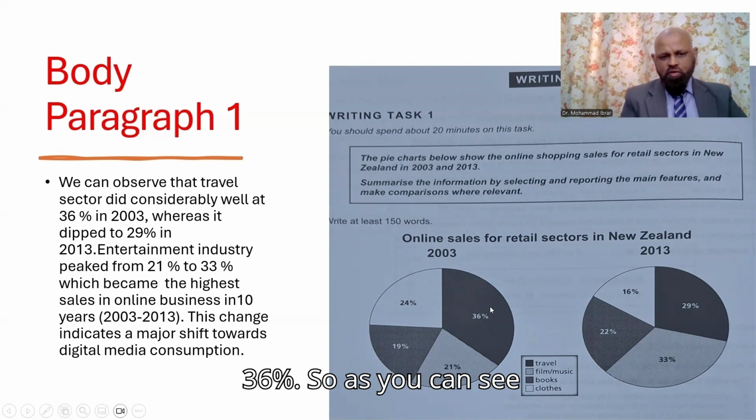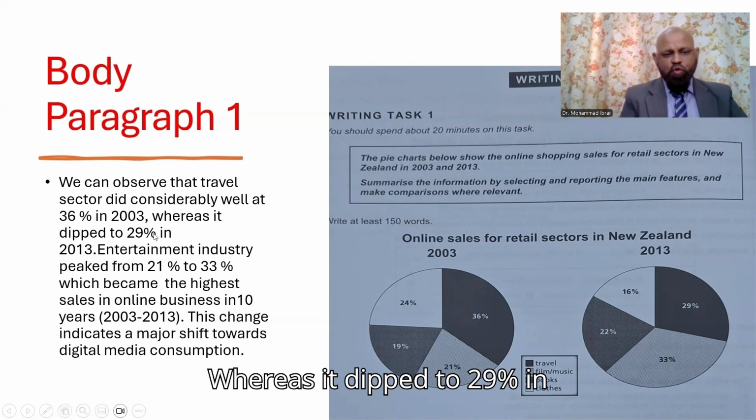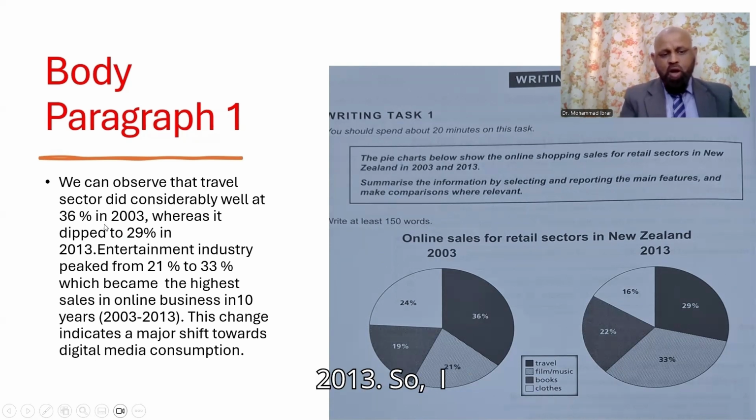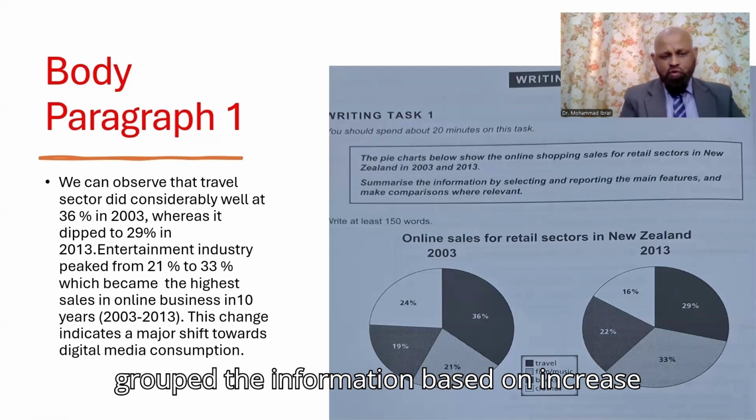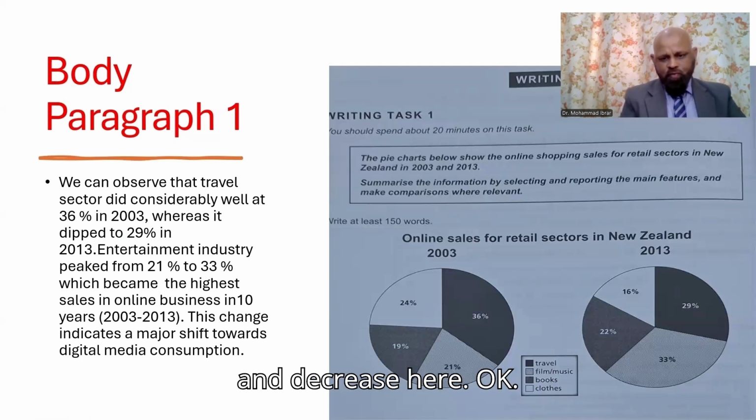So as you can see, in 2003, the travel sector did quite well, about 36%, whereas it dipped to 29% in 2013. So I grouped the information based on increase and decrease here. So from 36 to 29%.